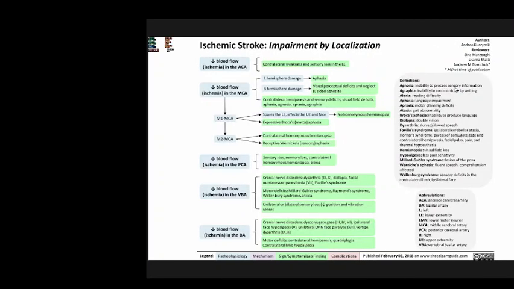This other figure shows the impairment by localization caused by ischemic stroke. In our patient, there is decreased blood flow in the MCA, PCA, and the basilar artery. Our patient was aphasic. He also has contralateral hemiparesis and visual field deficits.